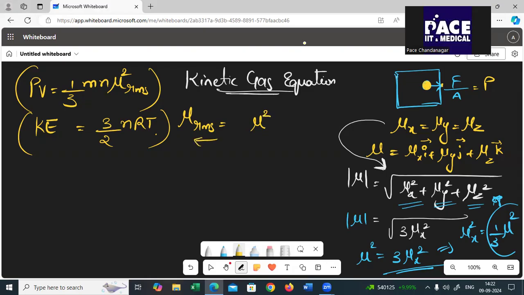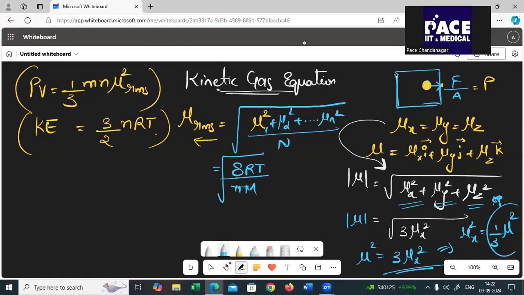Square is nothing but the square of the speed, and mean means u1 squared plus u2 squared and so on till un squared, upon the number of molecules. And you take a root of it also, because this is root mean square velocity, which is also taken as the square root of 8RT by pi m.